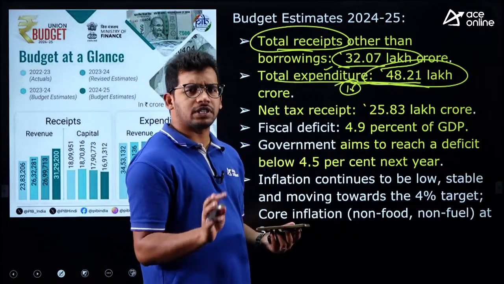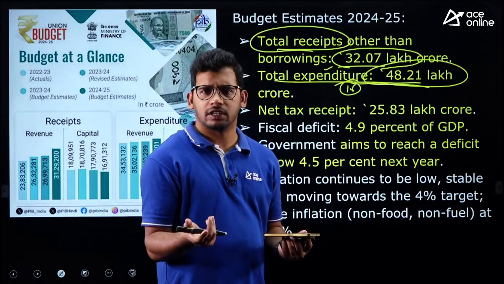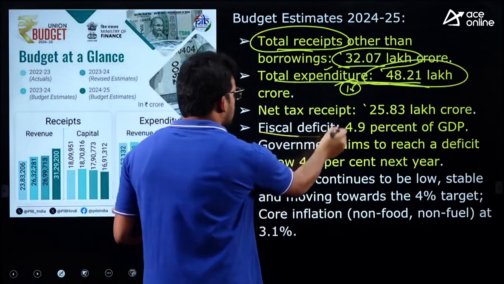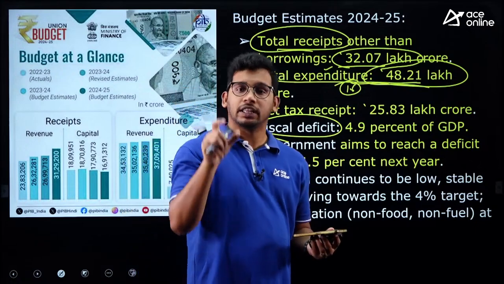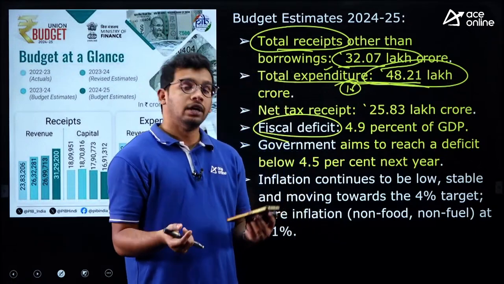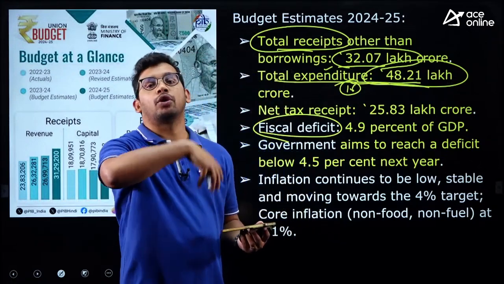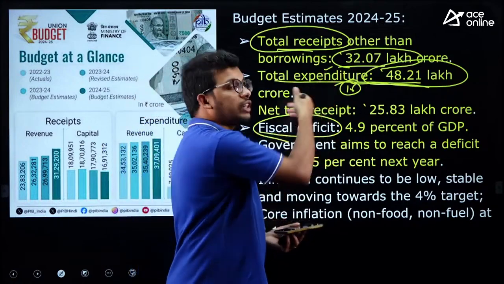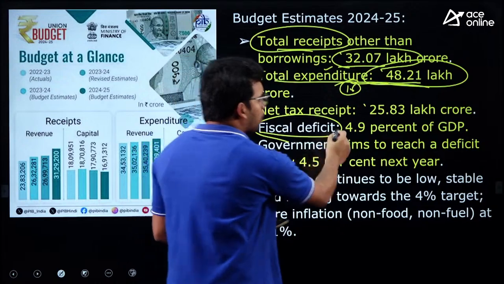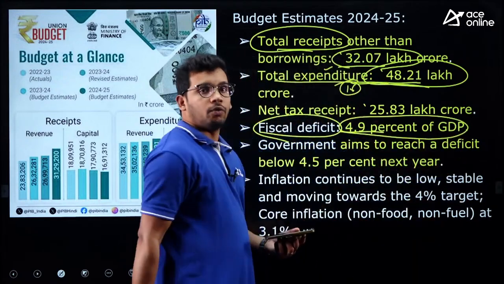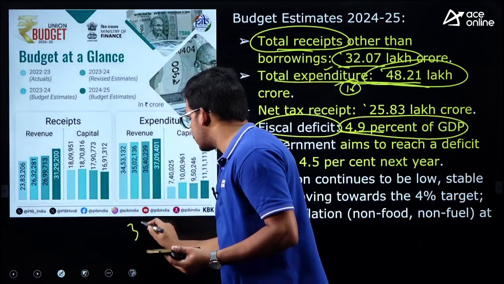Very simple, many students are confused with the fiscal deficit. Fiscal deficit means the amount of money government has to take in that one year, how much extra money government wants to take than what is available. Now the fiscal deficit is 4.9% of GDP. What is our GDP? 326 lakh crore.